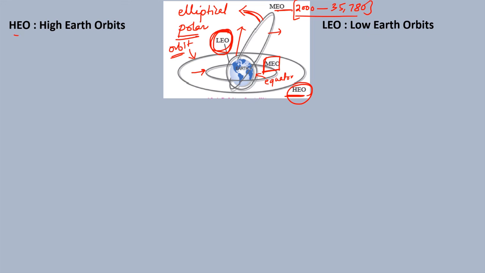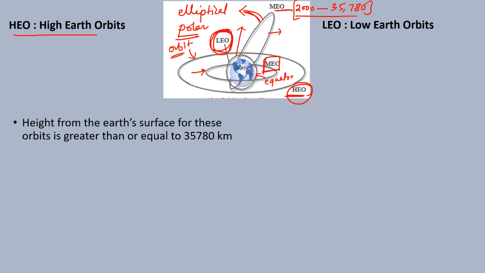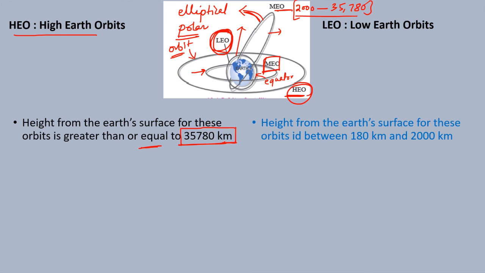The height from the Earth's surface for high Earth orbit is greater than 35,780 kilometers. These orbits are above this height. Now the height for low Earth orbit is between 180 kilometers and 2000 kilometers.